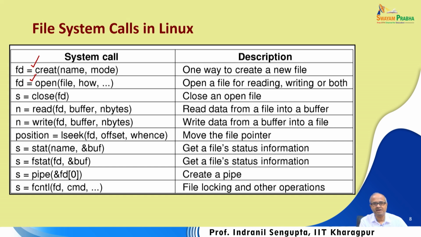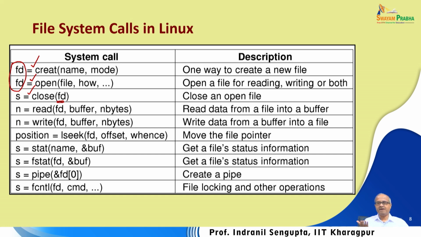So, you are opening a file, and again here you specify what kind of access permission you want to give. Create and open system calls return a file descriptor, and when you are done with that file, you can close the file by specifying that same file descriptor.